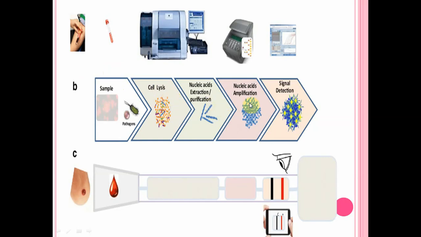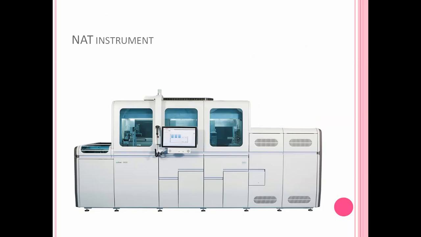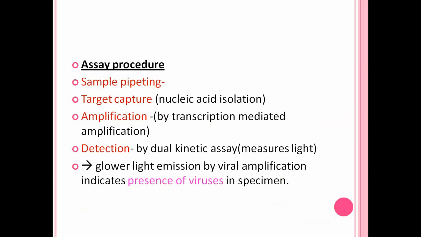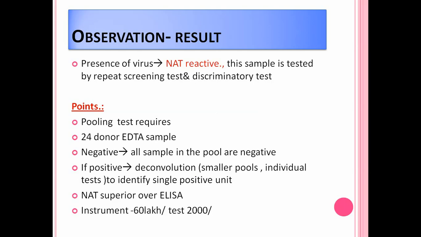That is amplified in the separate instrument, so it makes more copies, and then it is detected by the dual kinetic assay and it provides results, whether HIV, hepatitis B virus or hepatitis C virus is present. So this is the technique. We have separate instruments for pipetting, amplification, and for dual kinetic assay. This is the NAT instrument here. So that's all about the procedure.